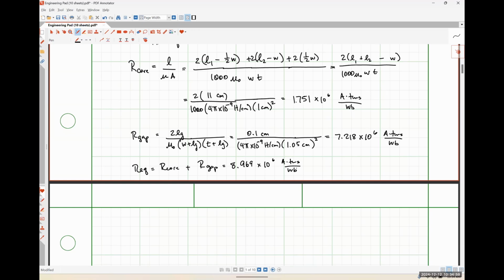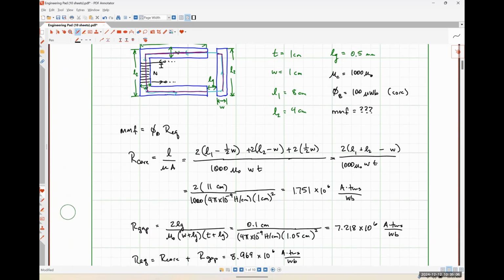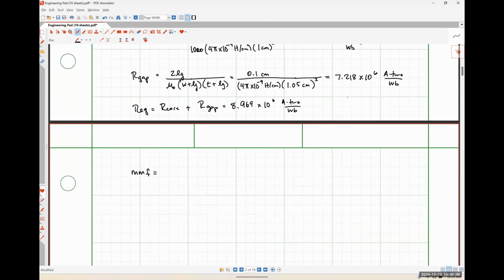So from here, our MMF is simply our flux, which was 100 microwebers, or 100 times 10 to the minus 6 Webers, times our reluctance of 8.969 times 10 to the positive 6 amp turns per Weber.